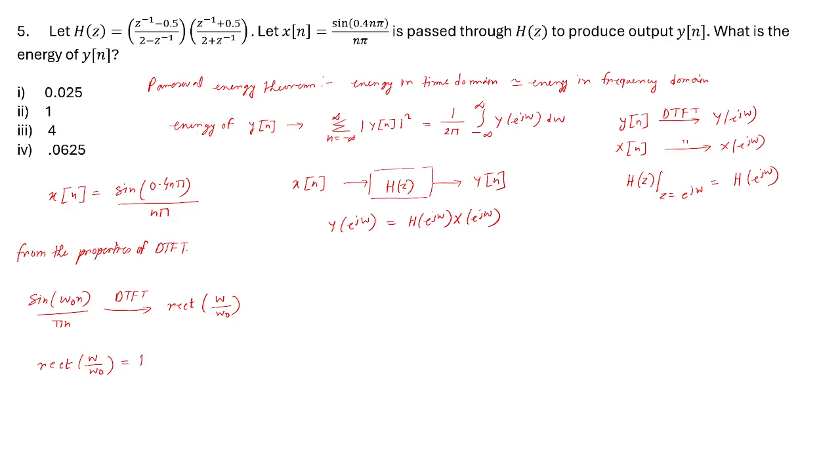This rectangular function is 1 for absolute value of omega less than omega naught, and 0 otherwise. So if you are to draw X(e^(j omega)), it looks like this.